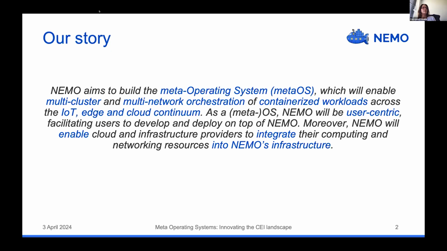So the idea is not only to focus on the workload delivery per se, but also to enable the integration of third-party resources, whether they are computing or networking, and thus allow democratization of the resources for the general public as application users.